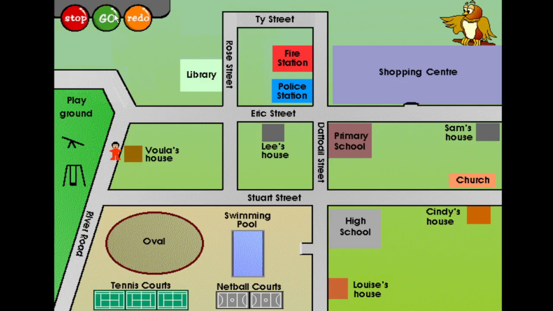Drag the little man along the shortest path from Vula's house to the swimming pool. Well done! Drag the little man along the shortest path from Cindy's house to the shopping centre.